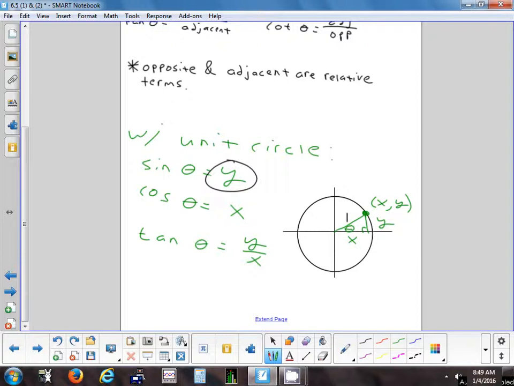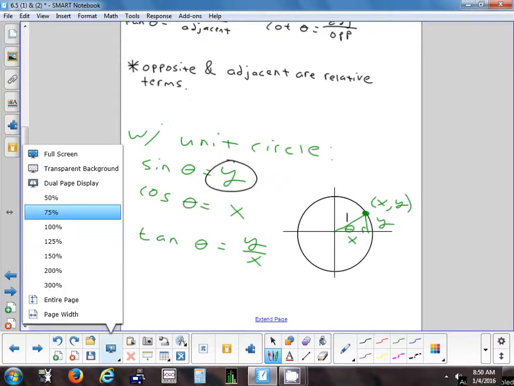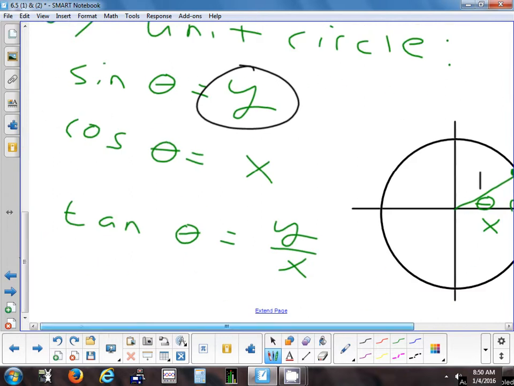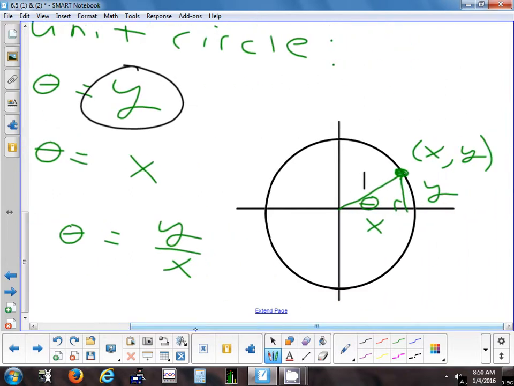Cosine is adjacent over hypotenuse. So Tyler, what side is adjacent to theta? No, y is opposite. Opposite is always the side that's farthest away. No, hypotenuse.